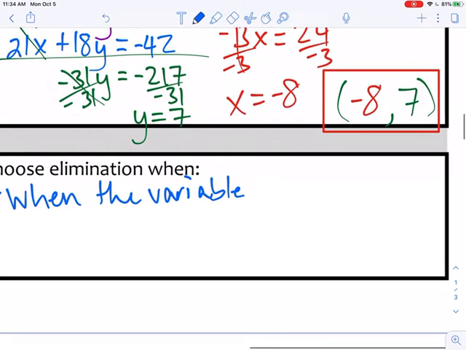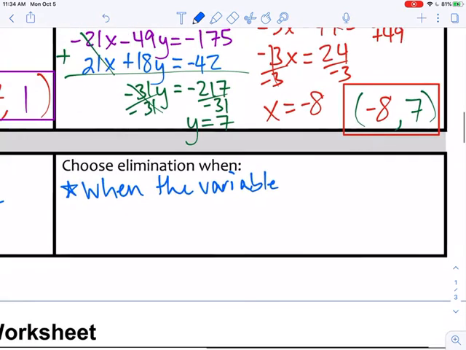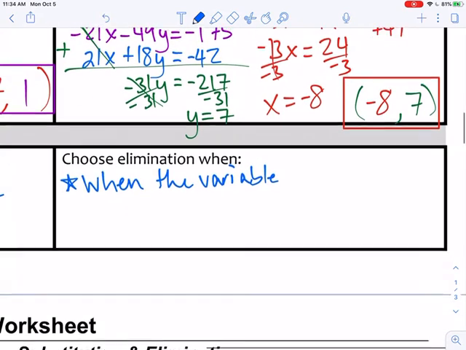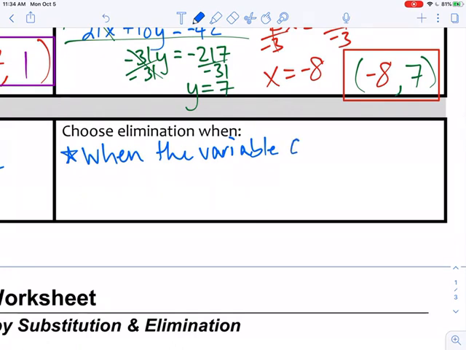So if you have an x on both equations that are both 7s, that's probably a good sign that we can use elimination pretty quick. Even if we just have to multiply a negative through in order to make them opposite, that's totally fine.